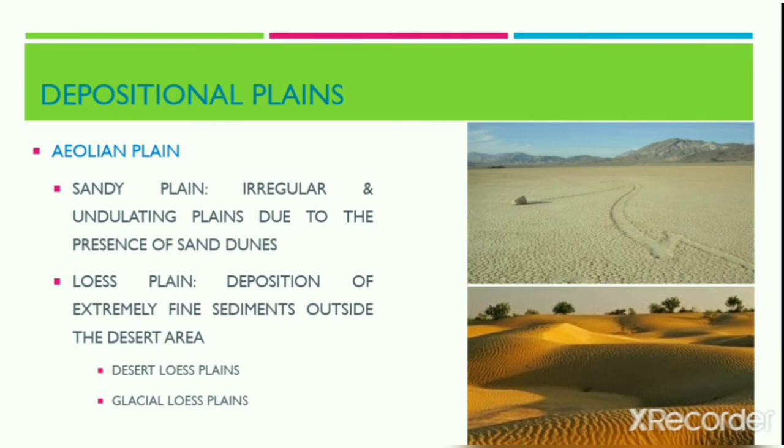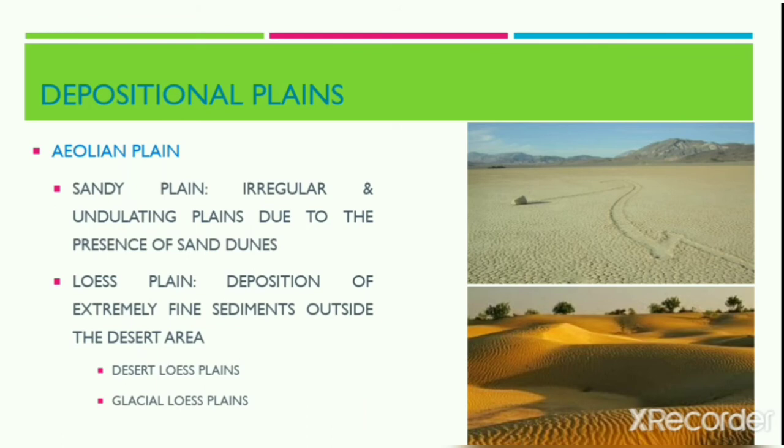The wind deposited plains are generally termed aeolian plains. These generally fall under two categories: the sandy plain or the desert plain and the loess plain. The sandy plain is formed when the surface of the desert plains is irregular and undulating because of the presence of numerous sand dunes and ripple marks.